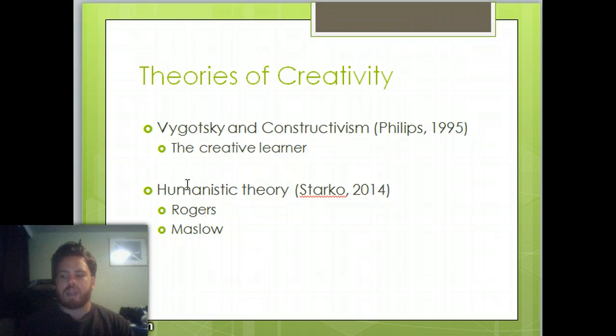Creative problem solving we can think of as a go-between. At one end we have divergent thinking, and then at another end we have convergent thinking. And we can think of creative problem solving as a go-between those two things.